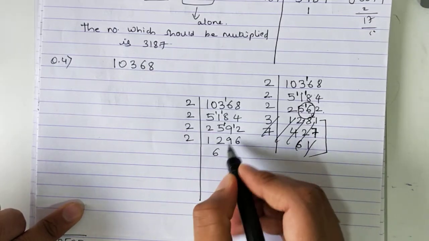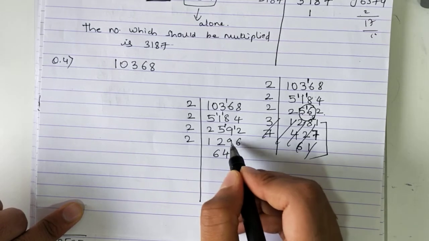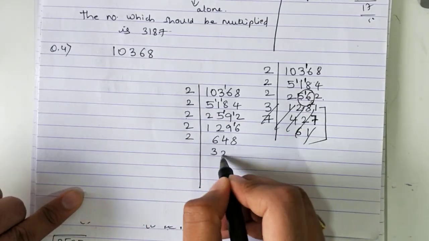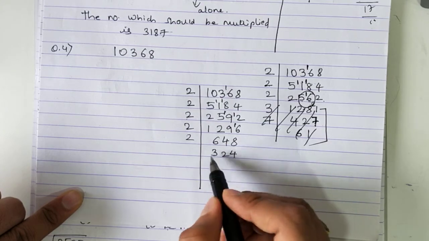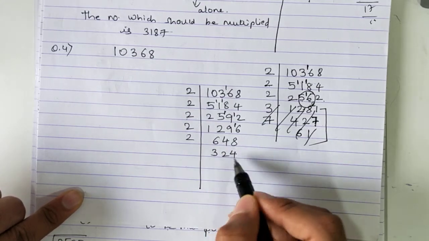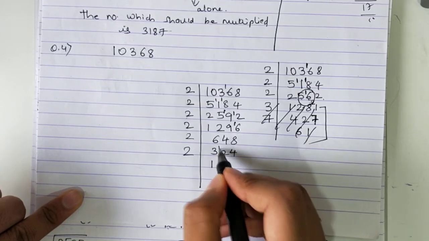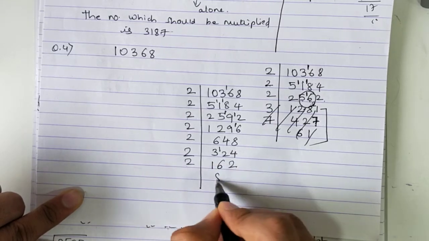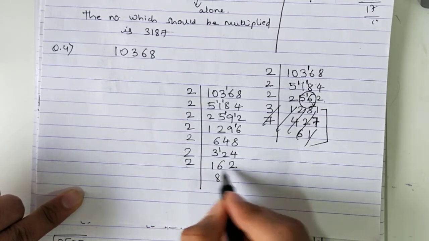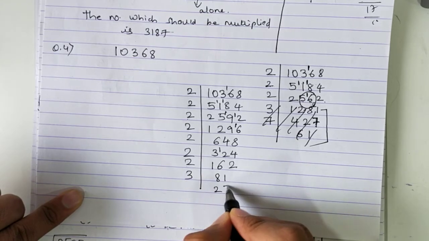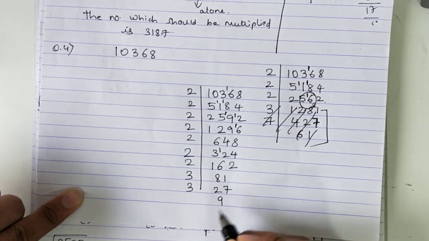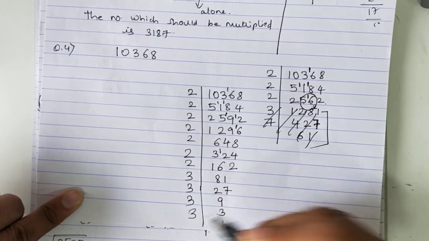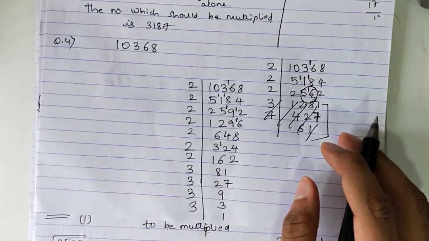Then 2 6s are 12, 2 4s are 8, so 16. 2 8s are 16, 2 1s are 2, so this will become 12. Then 81, so it is divisible by 3. 3 27s are 81, 3 9s are 27, 3 3s are 9 and 3 1s are 3.